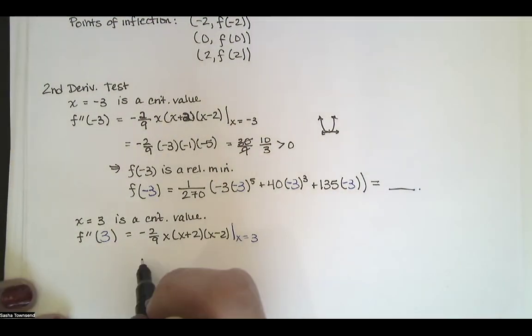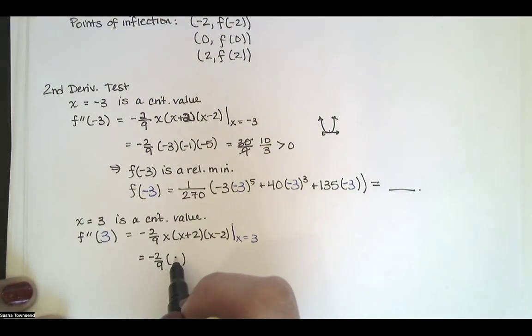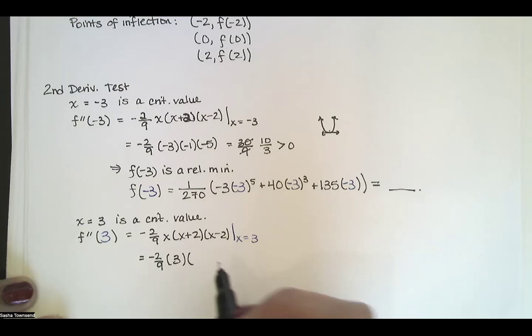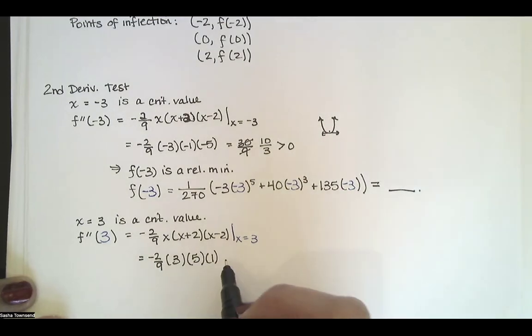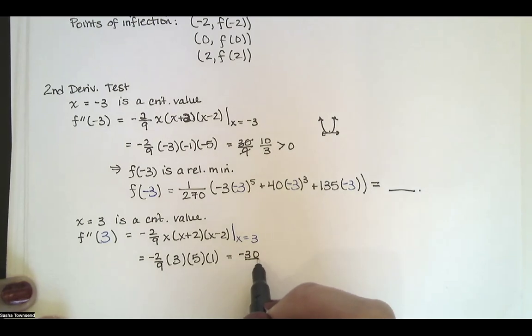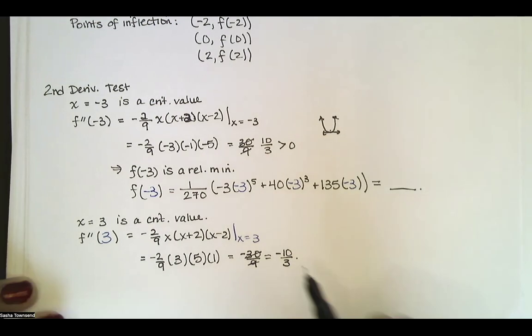So we've got -2/9 times 3 plus 2, which is 5, times 3 minus 2, which is 1. And so we end up with -30 divided by 9. We divide the numerator and denominator by 3, we get -10 divided by 3.